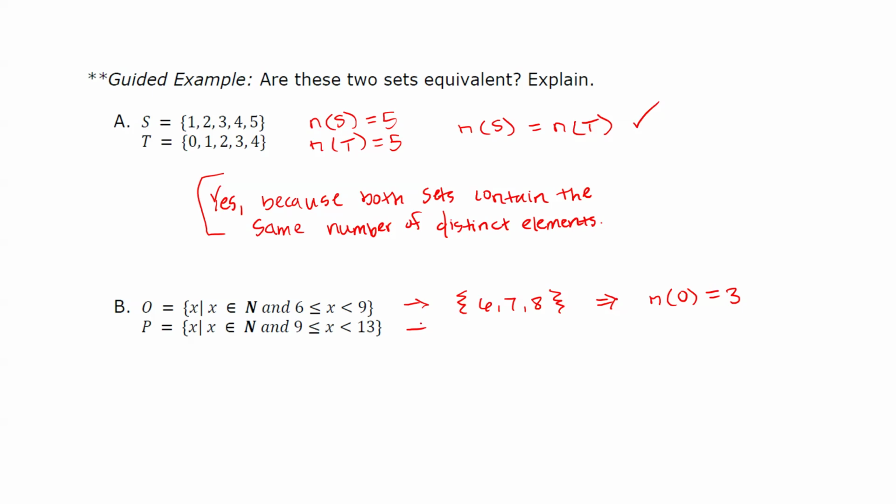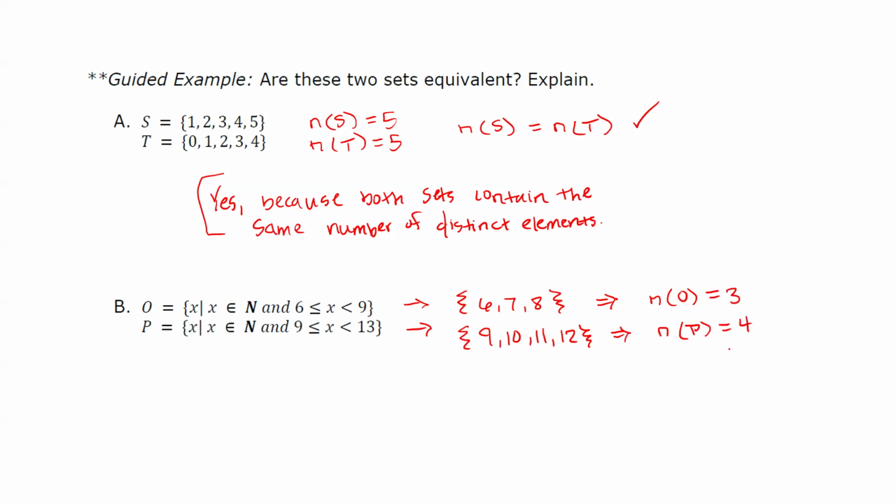For set P, all x values such that x is an element of the natural numbers and x is greater than or equal to 9 but less than 13. Using the roster method, this would be the elements 9, 10, 11, and 12. So the cardinal number of set P would be 4.